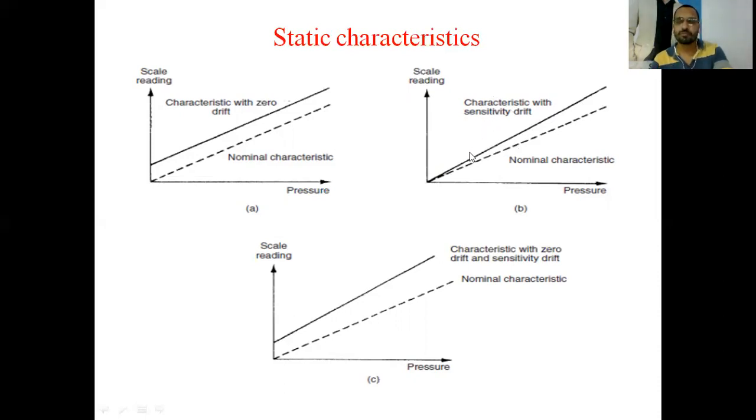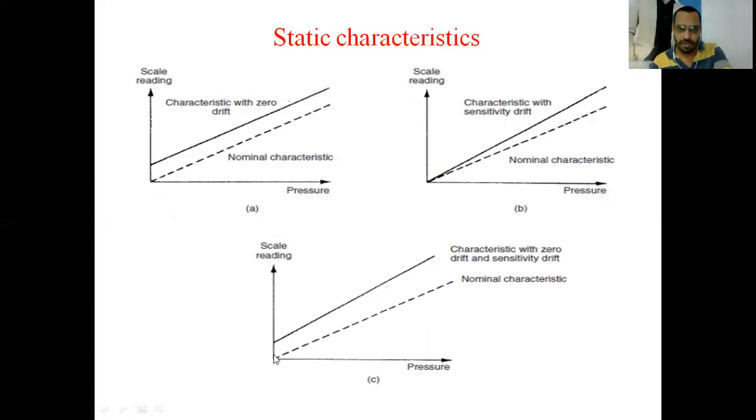Okay. And next, and the last is combined drift. Combined drift means the combination of zero drift and the sensitivity drift. So what is this? In the zero drift, the value starts from some initial point, that is from 1 or 2 instead of 0, and it is gradually shifted from the nominal characteristic to the above part.